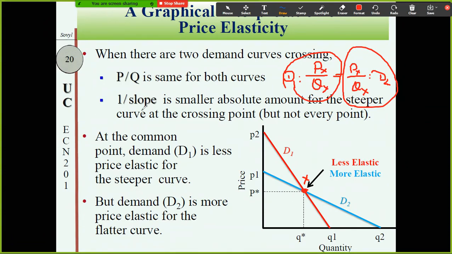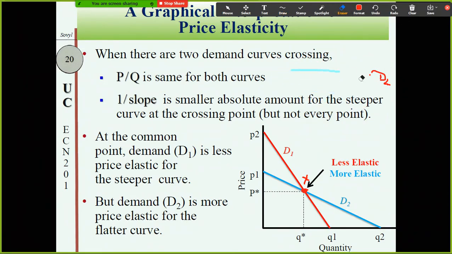However, 1 over slope of D1 for X is a smaller absolute amount for the steeper curve. Which one is steeper? D1 is steeper.